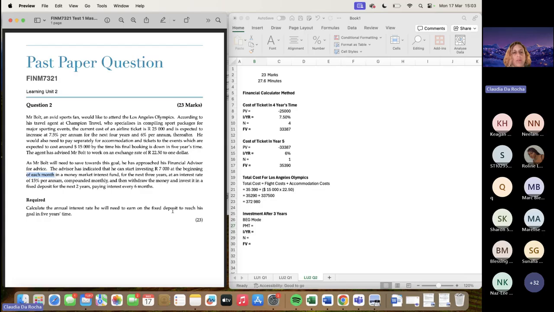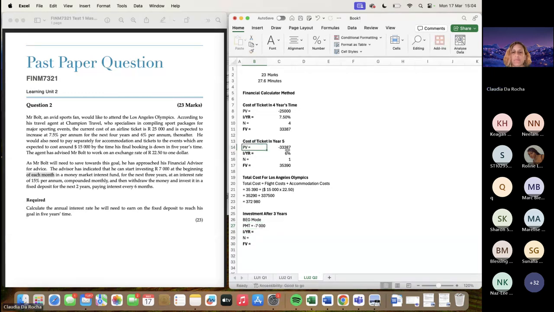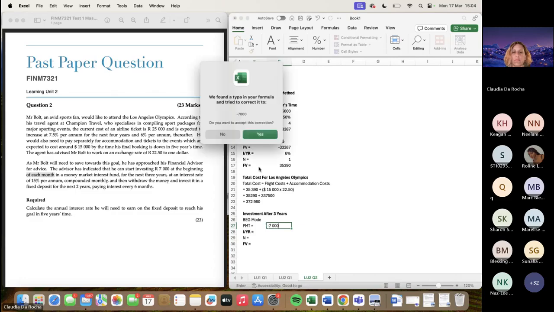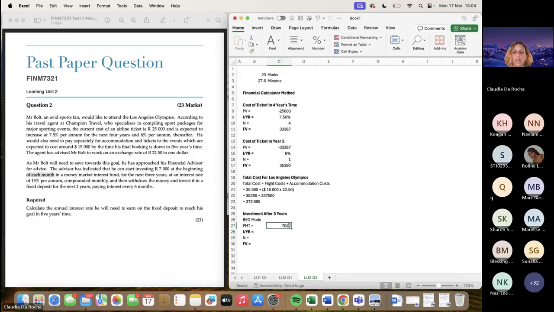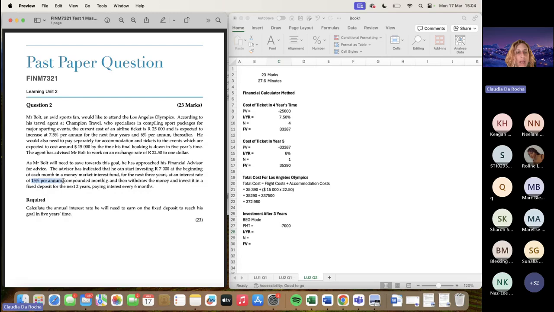So there's also compounding, right? So our payment is 7,000. That's what we're putting in. Okay, our interest per year now, they said to us that for this, it's 15% per annum, compounded monthly.